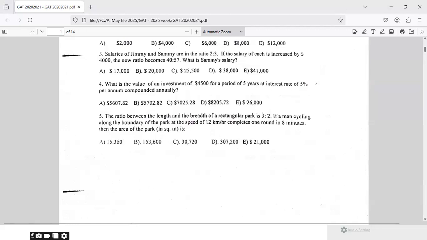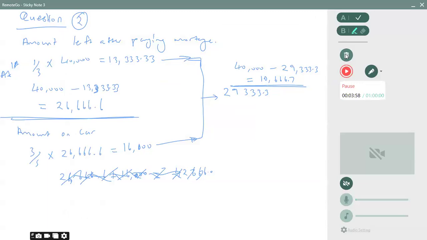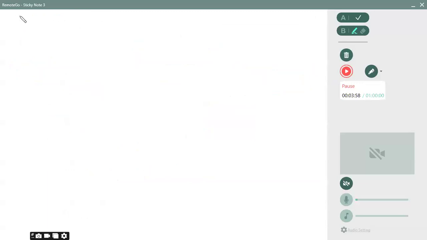All right. So this is what we are going to do. We have seen the ratio is 2 to 3. Now we have not been given a figure of salary, but now we are going to create it. So I'm wrapping up this question 3.